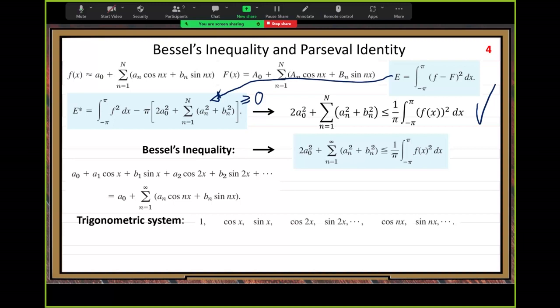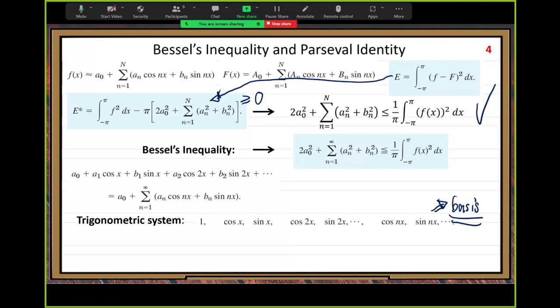Remember, the first time we talked about this trigonometric system, we called it a basis. So this system forms a basis of all the trigonometric series, not functions. All the trigonometric series, it forms a basis of that.